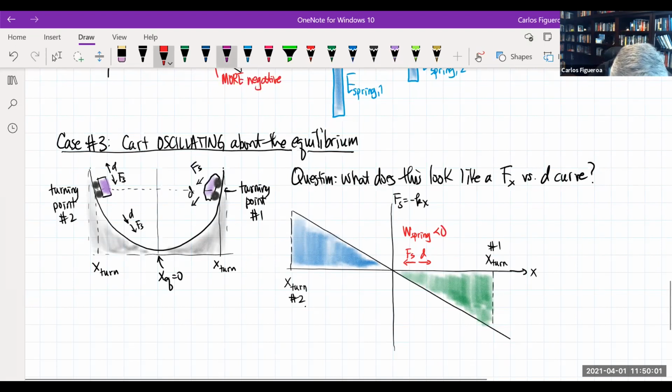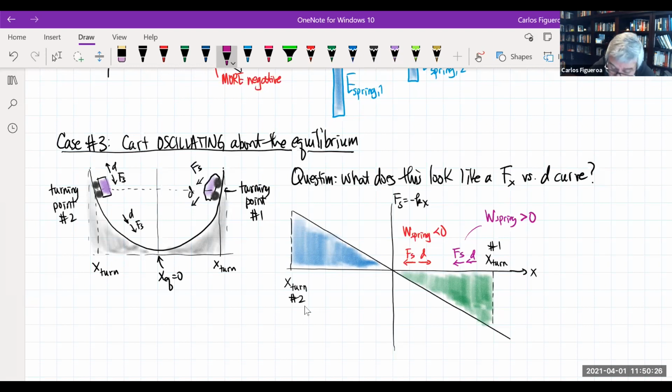However, if I'm now coming back towards the equilibrium, where these guys are in the same direction, then the work of the spring, as we already talked about, is positive because I move from a more negative to a less negative number, which requires positive work.